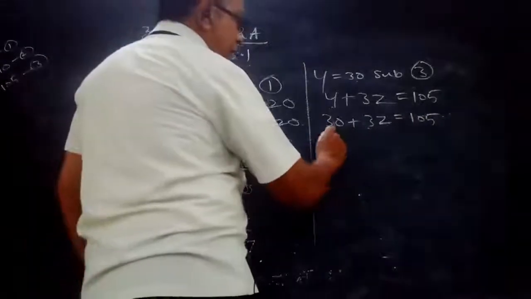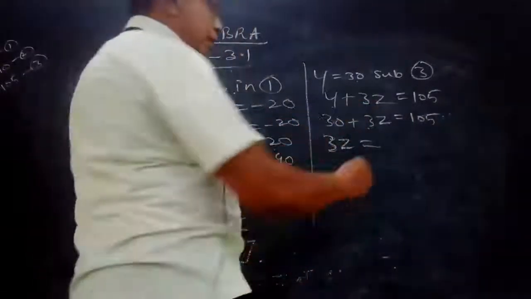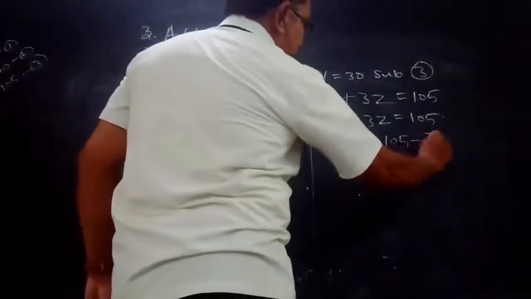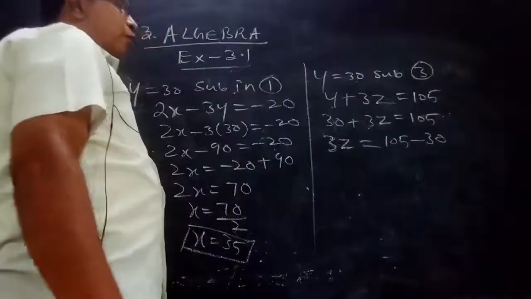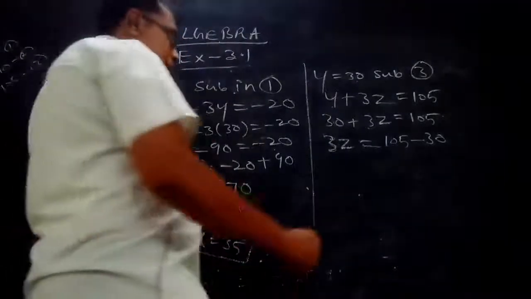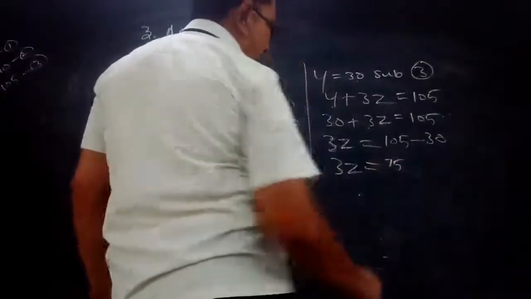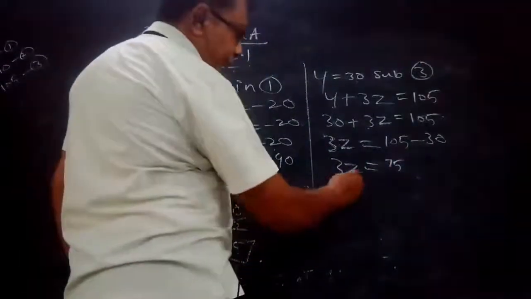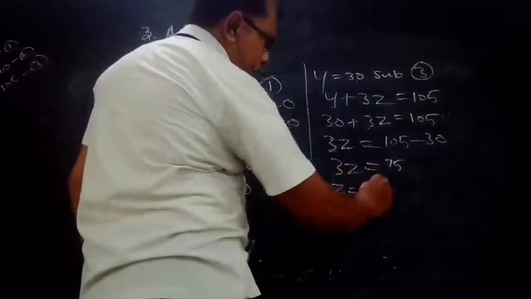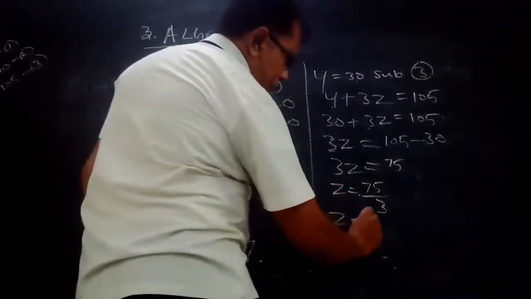Therefore 3z equals 105 minus 30, which is 75. Next, z equals 75 divided by 3, therefore z equals 25.